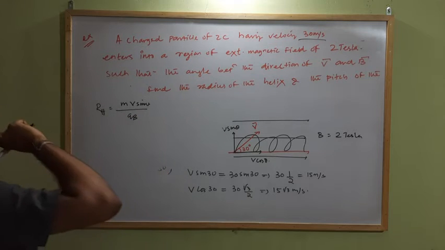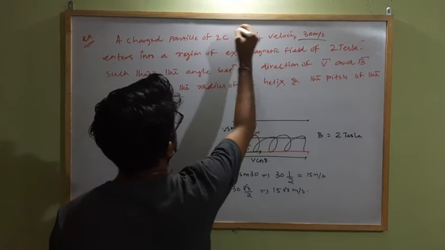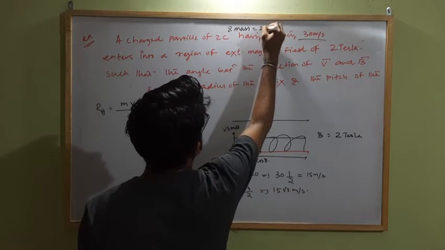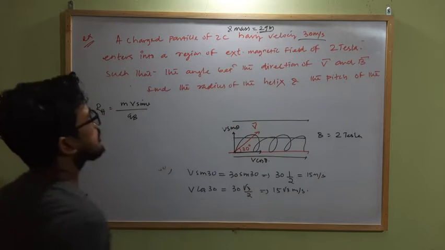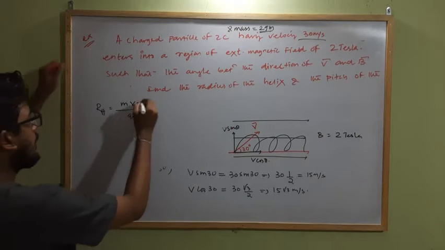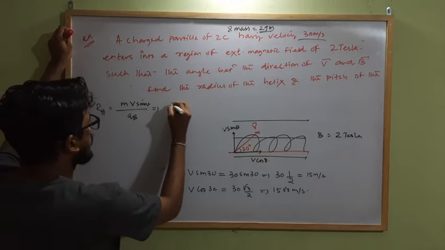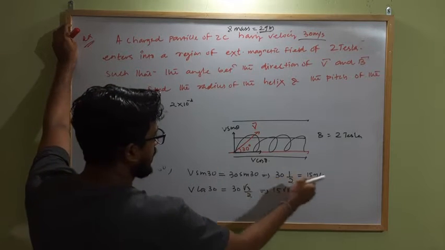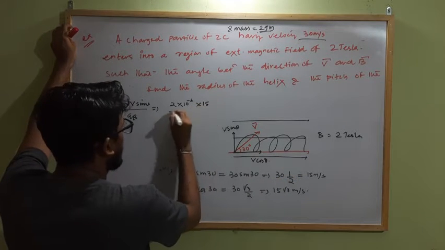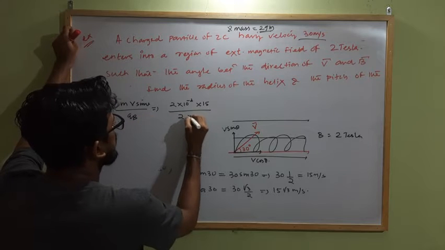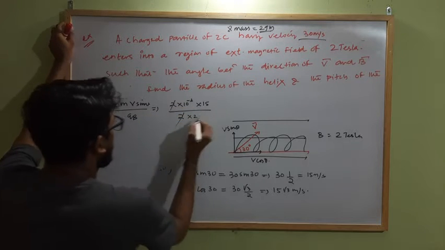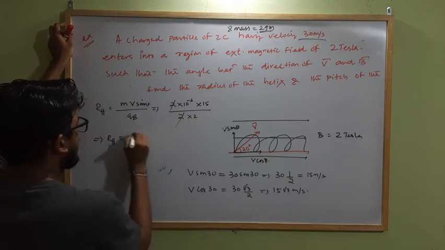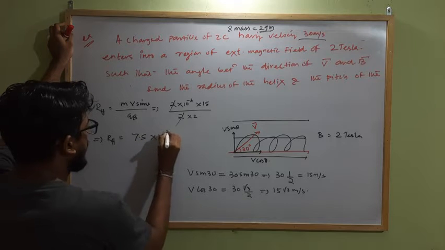Okay, 2 coulomb is given and the mass of the charged particle is given as 2 gram. m v sin 30, so this will be 2 gram, so 2 into 10 to the minus 3 kg into what is v sin 30? 15 divided by qB. Q is 2 coulomb into B is 2 Tesla. So 2 will cancel. So this implies the radius of the helical path is 7.5 into 10 to the minus 3 meter.